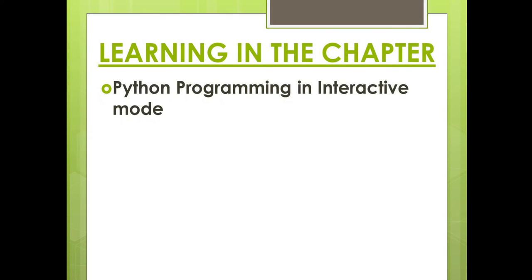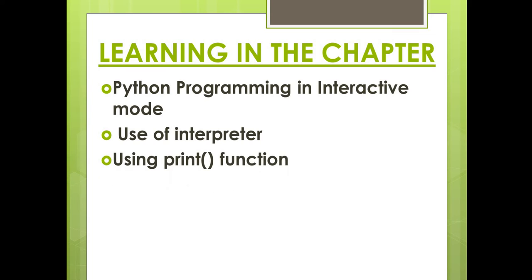Let us see what all learning objectives we are going to see in this chapter. The first thing you are going to learn is Python programming in interactive mode, in more detail. Next we'll learn about use of interpreter. I hope students are already aware of what an interpreter is, but we are going to revise it again. Using the print function in Python. Using IDLE as a calculator.